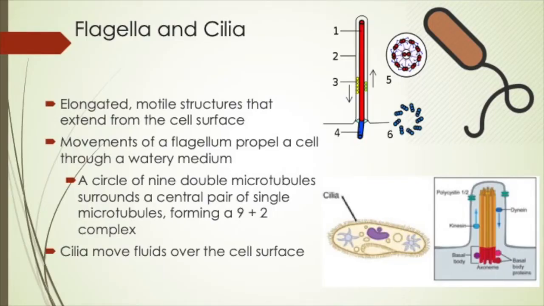Flagella and cilia. So we kind of talked about flagella a little bit. Whenever we talk about flagella, these are long motile structures that extend from the cell surface. So, you know, that tail. They propel a cell through watery medium.